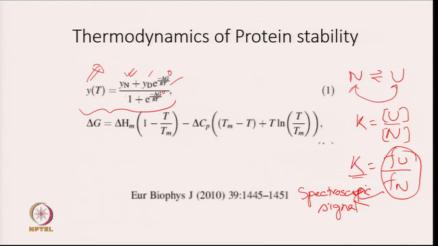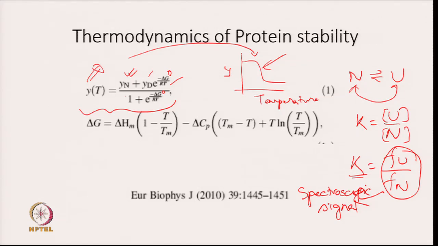delta G of this conformational change process. So, if you experimentally obtain a profile of fluorescence signal with temperature, you can fit this profile with this equation, and that will give you the value of delta G naught.